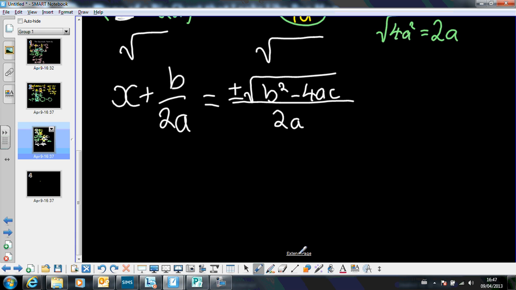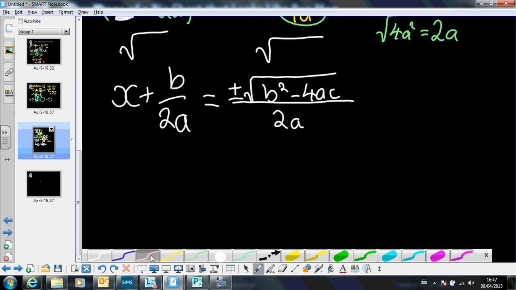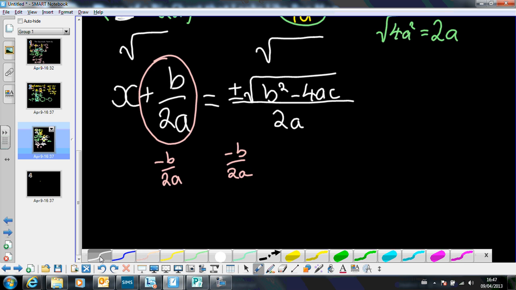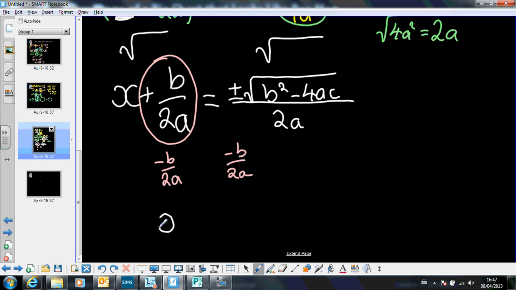And now that should look very familiar. And you can see that x is nearly on its own. We've just got this last one more term that I need to deal with. I can deal with it just by taking it away from both sides. And you're left with, on the left, x on its own.